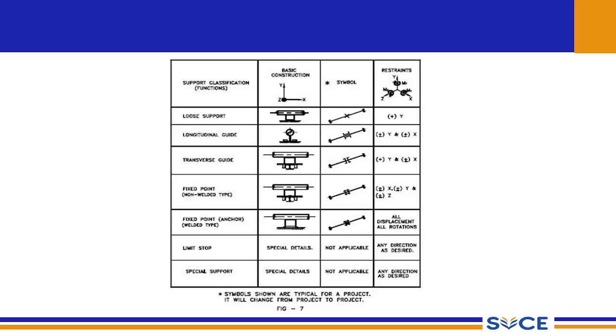Next, these are the support classifications based on the functions. These are the loose supports, longitudinal guides, transverse guides, fixed point, which is non-welded and welded. Then we have the limit stop and special supports. Here we have shown the symbols and the basic construction along with the restraints in a particular direction.